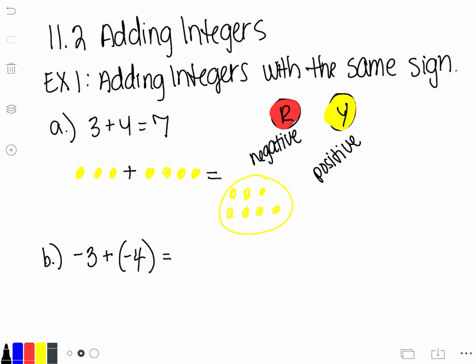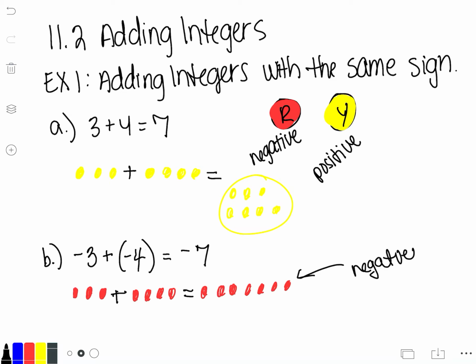Okay, here we go. So we've got negative 3 plus a negative 4. This time you would have 3 reds because reds are negative, and then you would have 4 more reds. So you would have a total of 7 reds, which means your answer here would be a negative 7 because reds are negative.